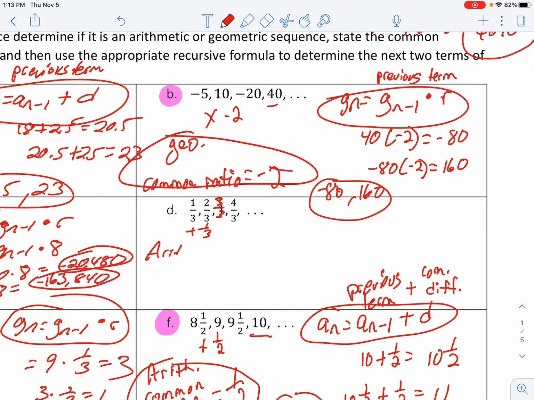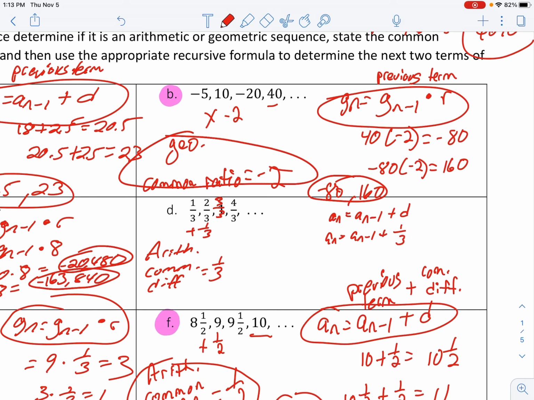So because we are adding, it's an arithmetic sequence. Therefore, we have a common difference, which in this case is adding a third. So the recursive formula for an arithmetic sequence is this right here. And for this specific sequence, we are continuing to take the previous term plus a third.